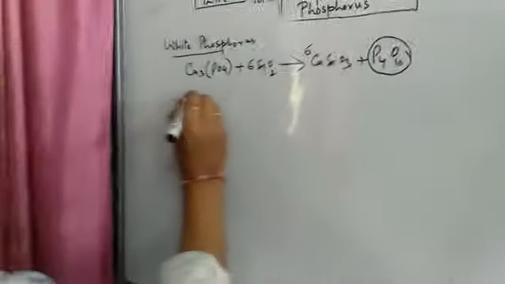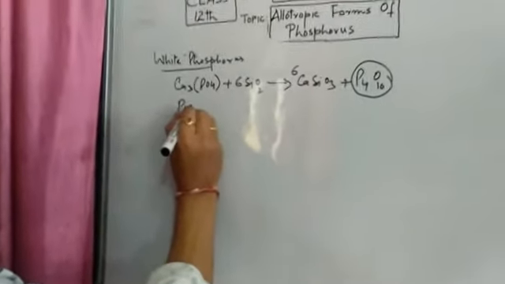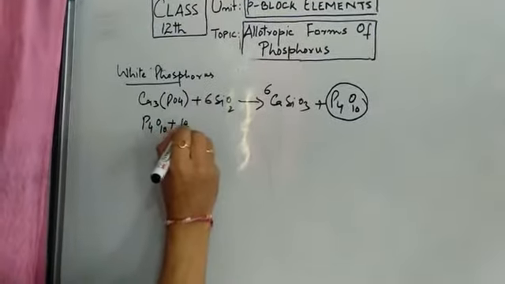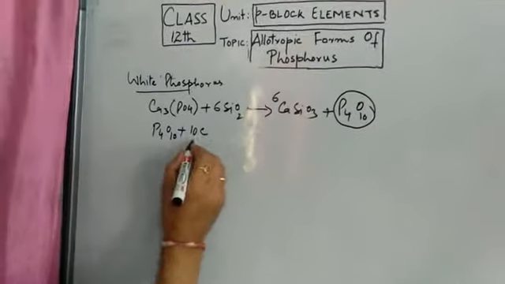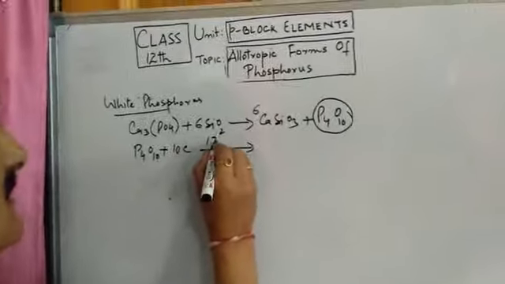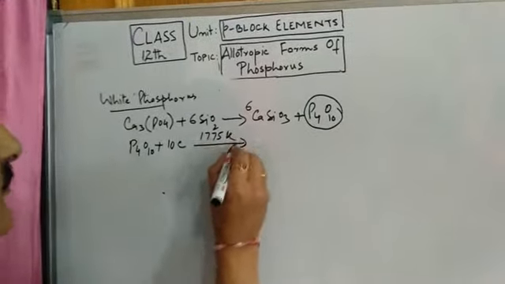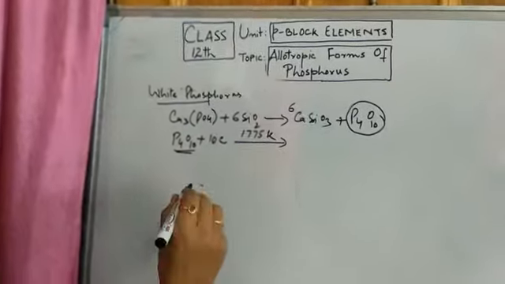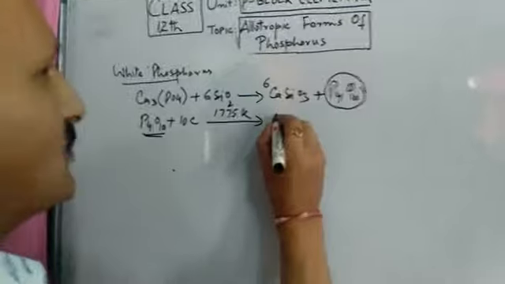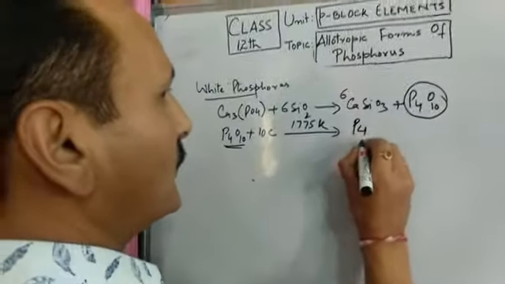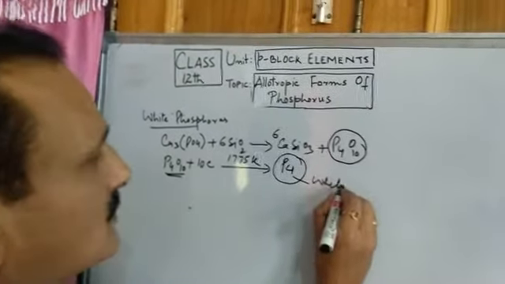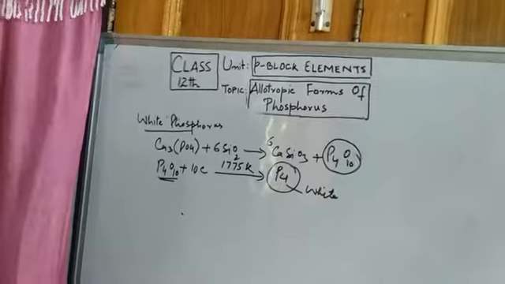Now this phosphorus pentoxide is taken and it is reduced with carbon, that is coke, at a temperature of 1775 kelvins, when this phosphorus pentoxide turns into white phosphorus, that is P4. This P4 is white phosphorus. This is how we get white phosphorus.